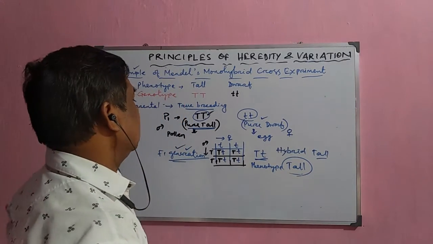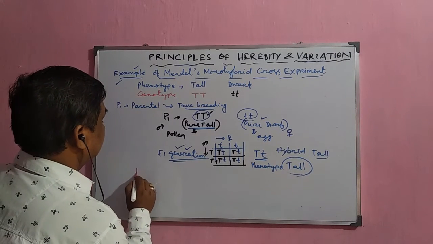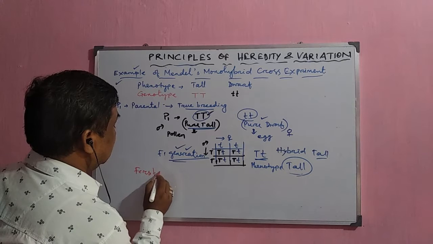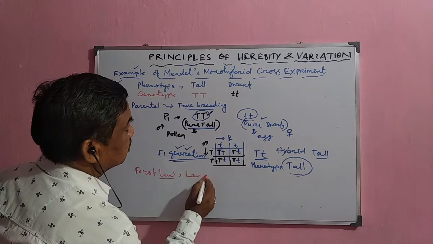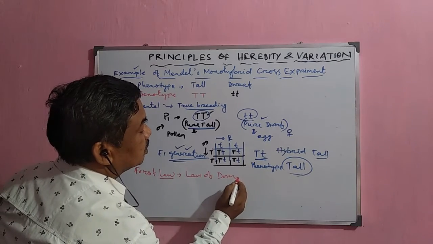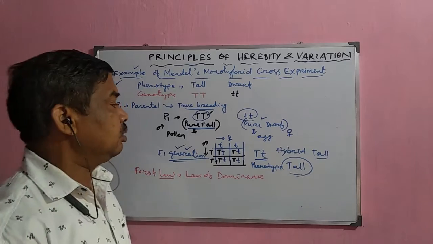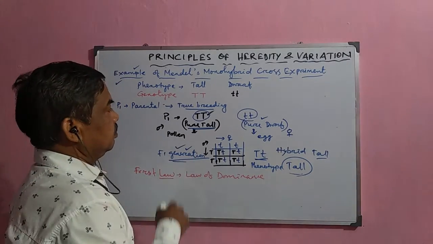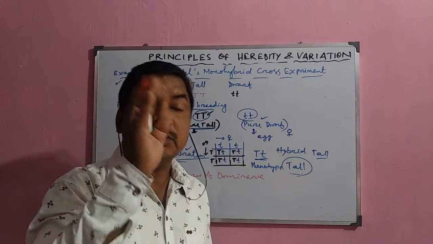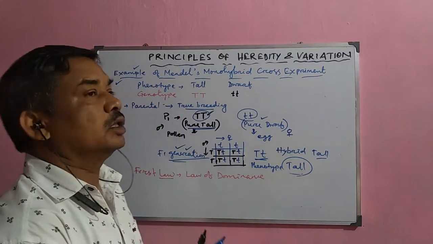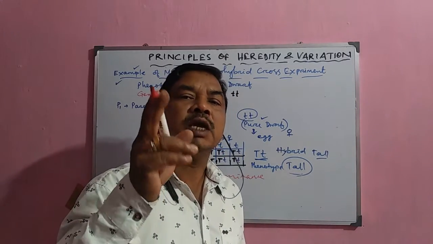So from this F1 generation, the first law was derived. This is the first law, and it is nothing but the law of dominance. Then what is this law of dominance? The law of dominance indicates that when a pure dominant variety and a pure recessive variety are crossed with one another, then in the F1 generation only one character is expressed.